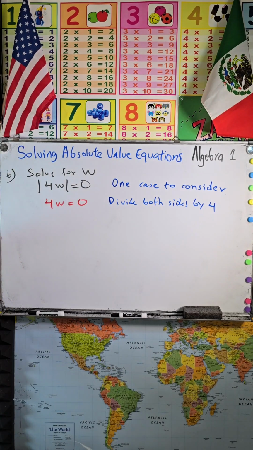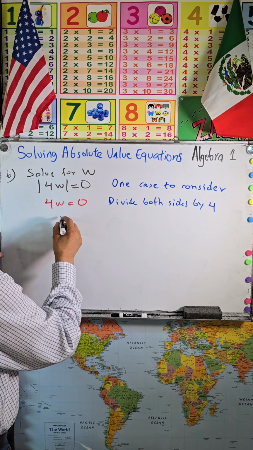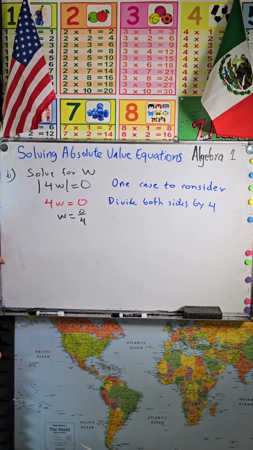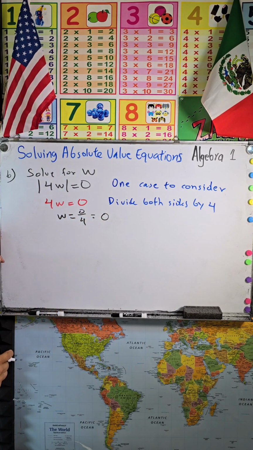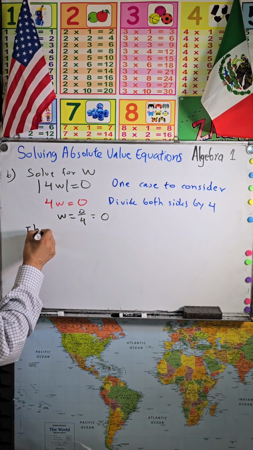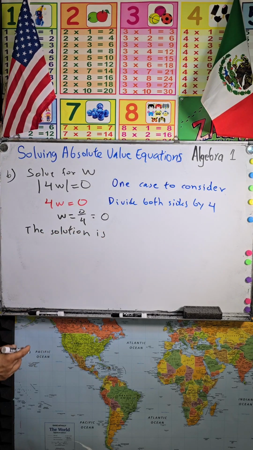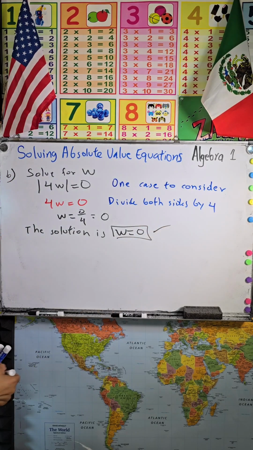If we do this, we'll have W equals 0 divided by 4. So 0 divided by 4 is equal to 0. So the solution for our problem is W equals 0.